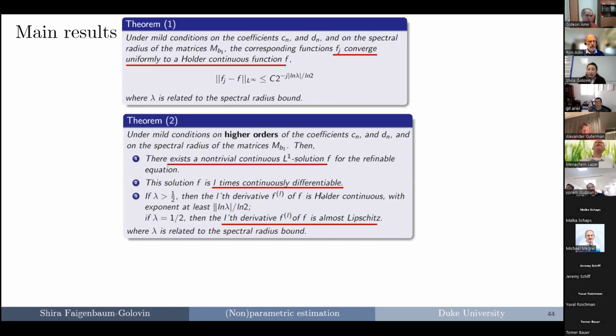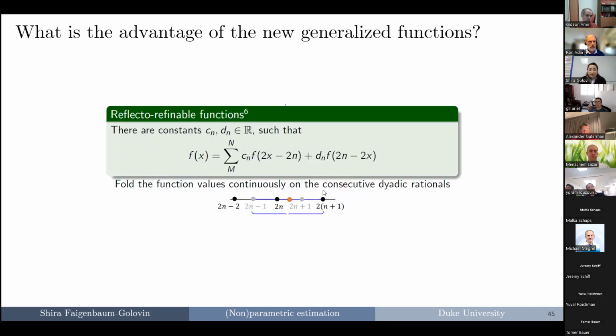But I think that now we have a new equation which is quite interesting. We use twice fewer points as before because we use only the even points. We have some refinable masks that under certain constraints, we know converge to something continuous with continuous derivatives.